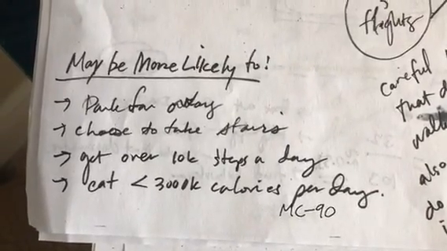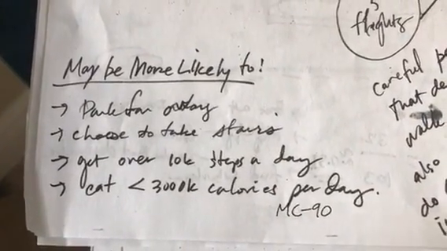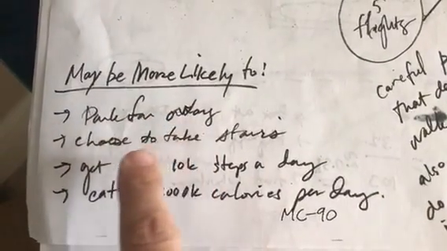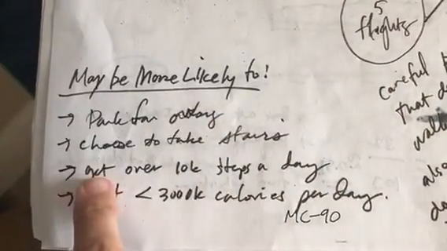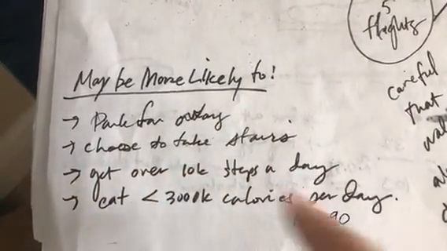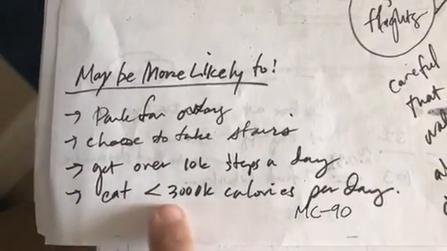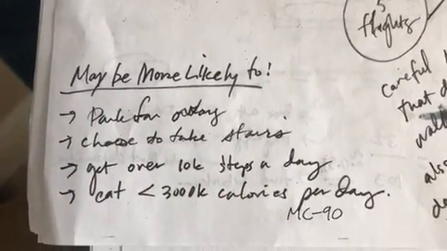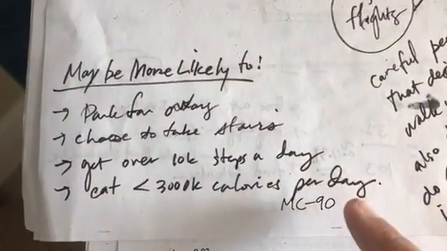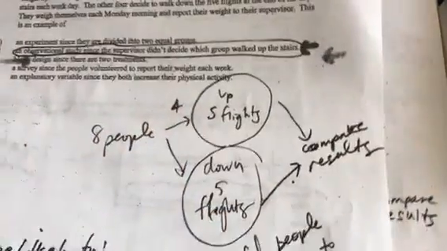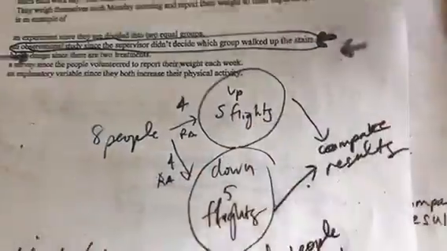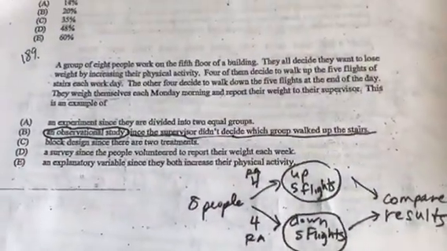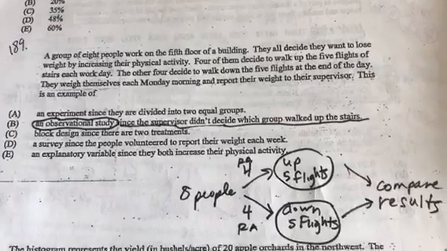The person that chooses to take on maybe a harder task might also be more likely to park further away, choose to take the stairs in their apartment complex, might choose to keep walking once they get home till they get 10,000 steps. They also might try to eat less than 3,000 calories a day. And so all these other reasons could be the real reason why they're getting good results. That's why we have to have random assignment in order to really be able to compare, and we don't have that here. So again, we're definitely circling B, and that's the example of what is happening there.